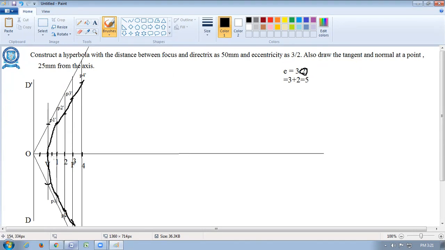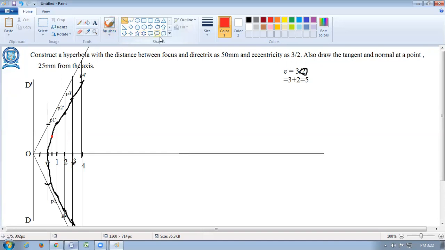Mark it as 25 mm and draw a straight line connecting to the hyperbola curve. This is the point where we are going to draw the tangent and normal. I will mark this point in red color.